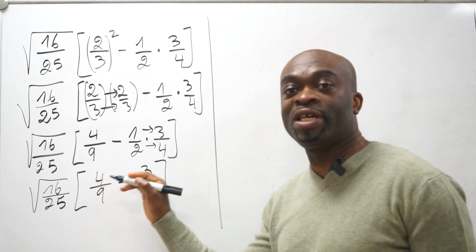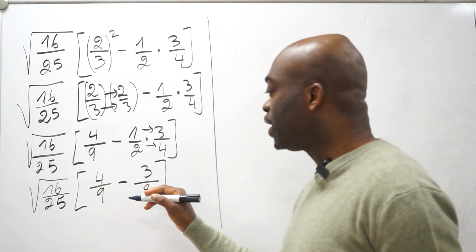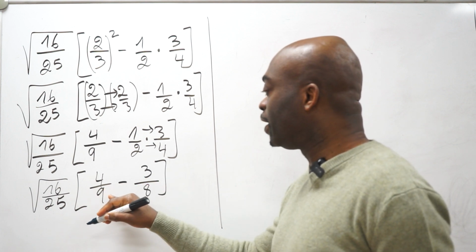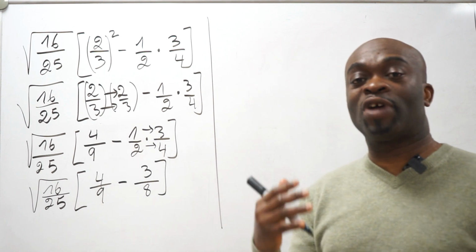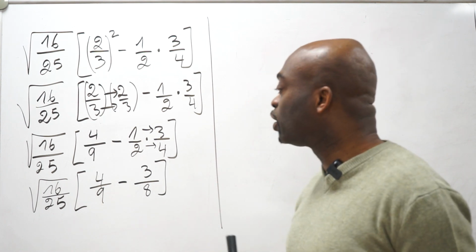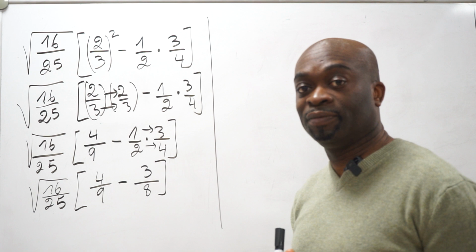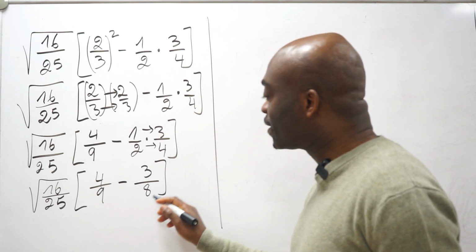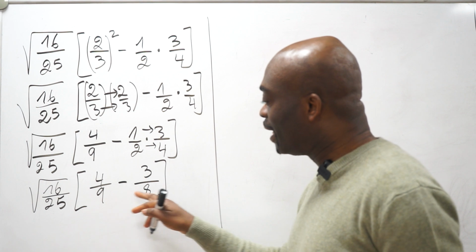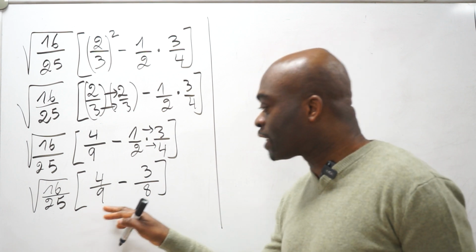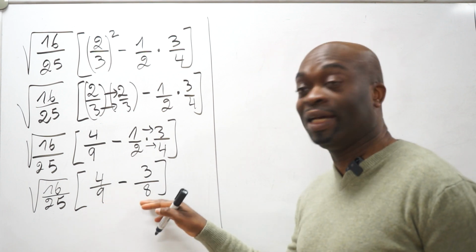So what's happening to these two numbers here? You end up having two fractions. But before you can add or subtract two fractions, you've got to find the lowest common denominator, right? They need to have the same number at the bottom. Now, we end up with 9 and 8. So what will be the lowest common denominator between 9 and 8?